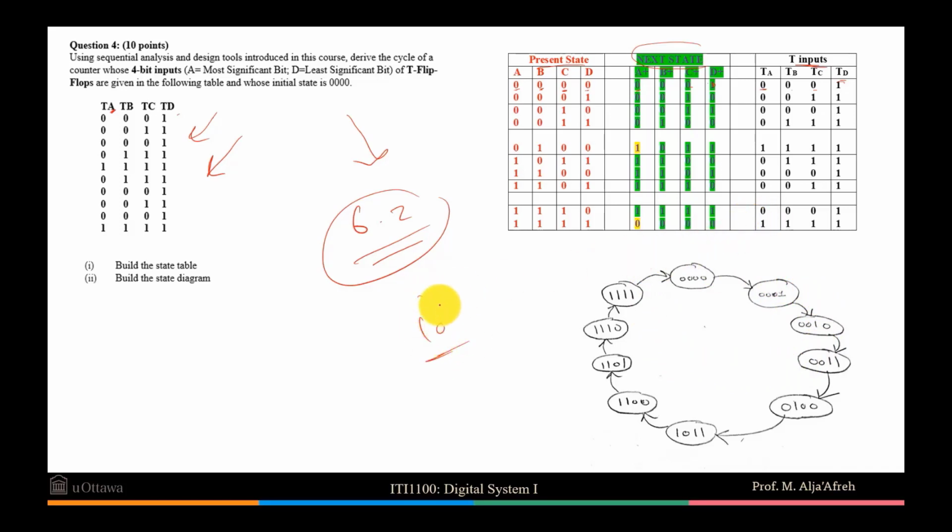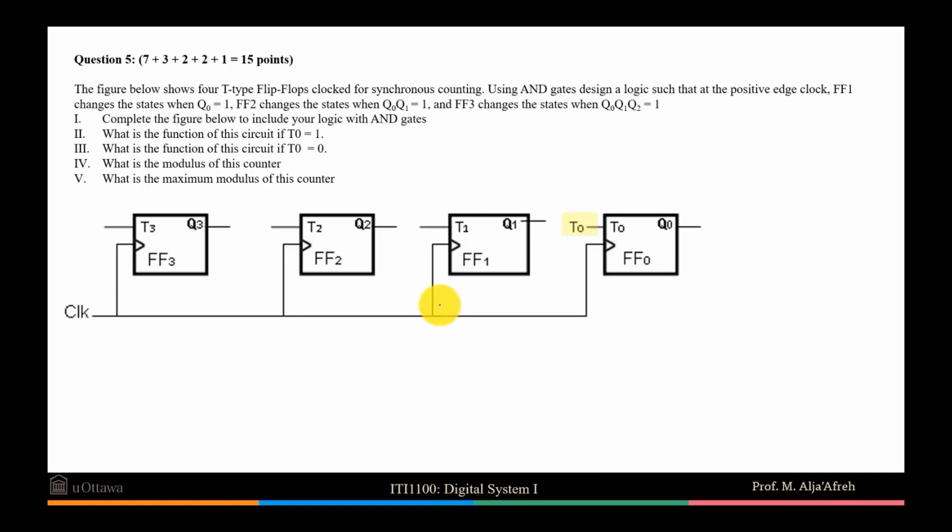Now this is the last question, and you have to read between the lines. They give you T0 connected, and they want you to find the connection of T1, T2, and T3, and they even told you how to do it. This is a positive edge triggering synchronous counter.